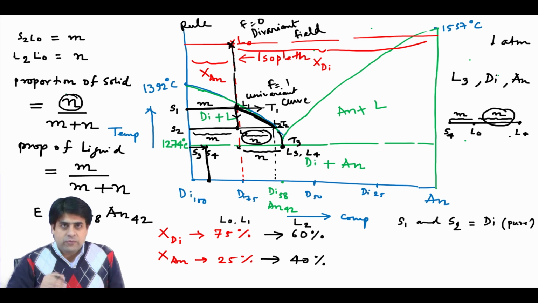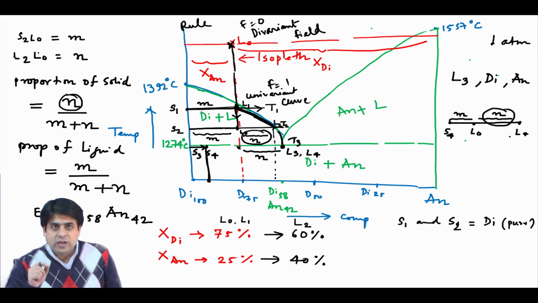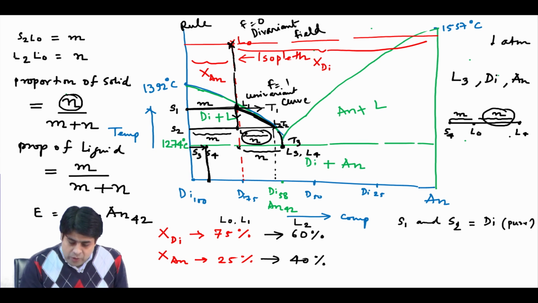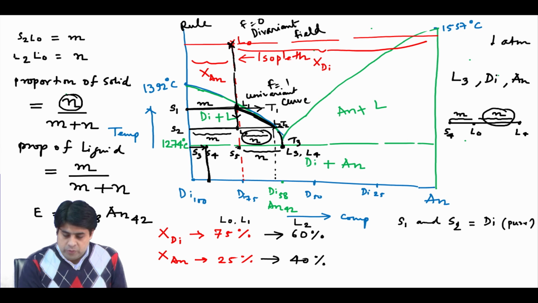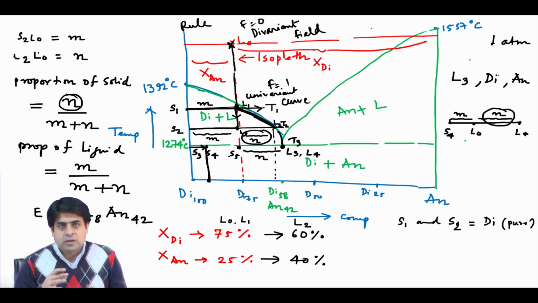If we further decrease the temperature, when will the last drop of the liquid coexist? When your S4 moves to this point, when your S5 composition will be exactly at the L0 composition, and at this L0 composition your liquid will be completely exhausted, and you will have only diopside and anorthite.